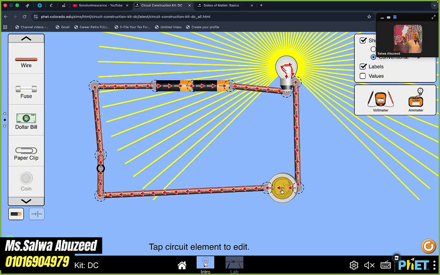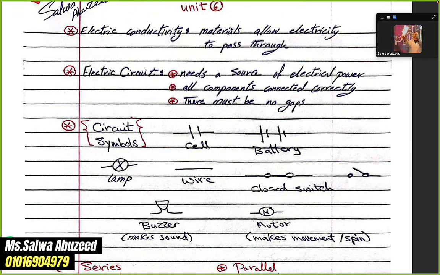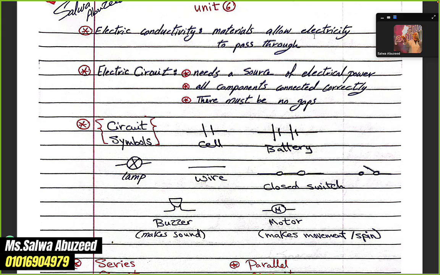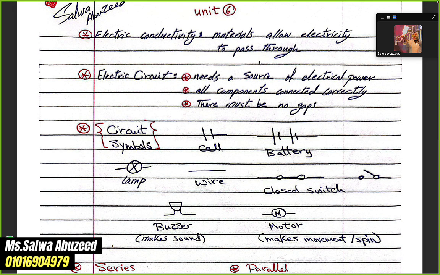So what is the meaning of electric conductor? A material that allows electricity to pass through. So when I say electric conductor or electric conductivity, it is a material that allows electricity to pass through. By the way, I just said an electric circuit needs a source of electric power, as I showed you.